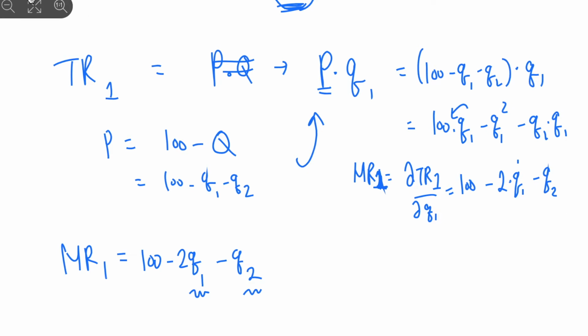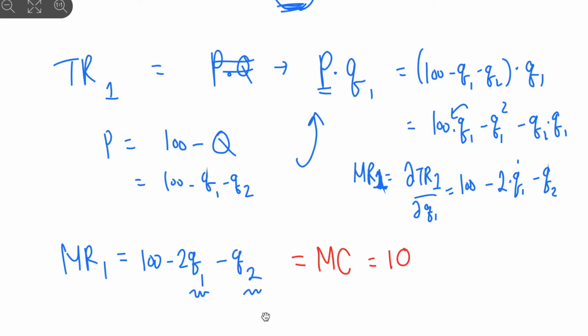Since we're thinking about their selfishness, they're acting like a monopolist, right? So they want to set their marginal revenue equal to marginal cost. And we had the same marginal cost for Firm 1 and Firm 2 as 10, right?